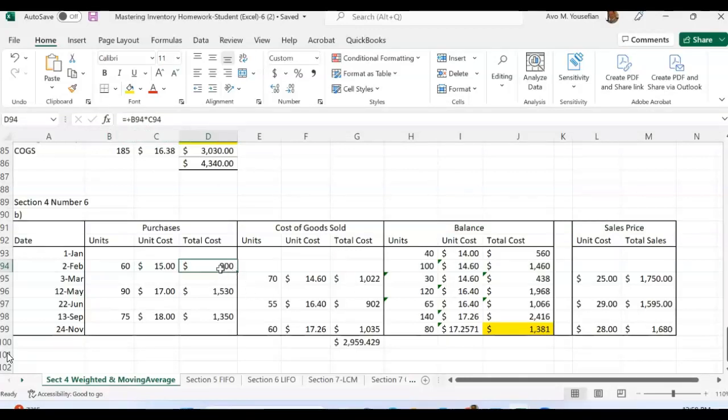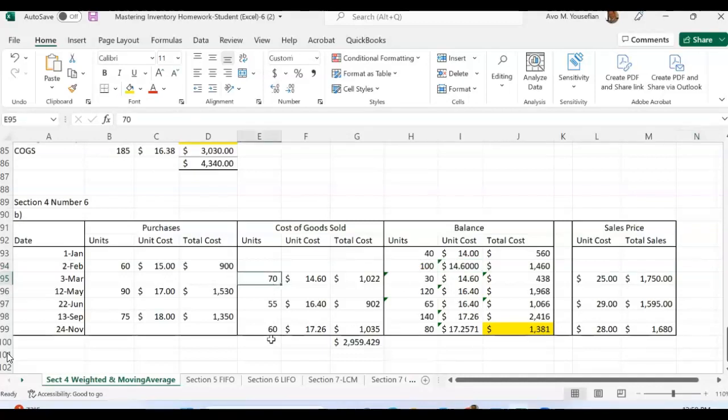That $900 will be added to 560, and that gives us 1460. So 900 plus 560 is 1460. That's the formula. And 40 units plus 60 units equals 100 units. That's the formula. And then we go in the middle and we say that number, 1460, divided by 100, and that gives us 14.60 with 4-digit decimal.